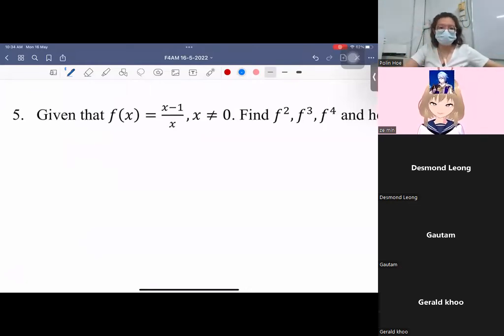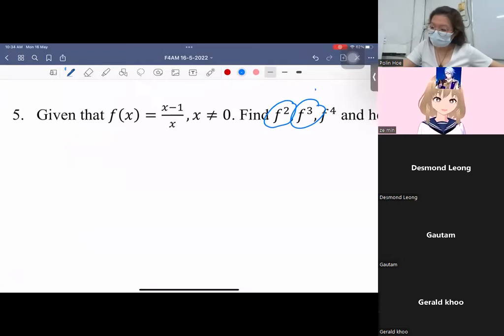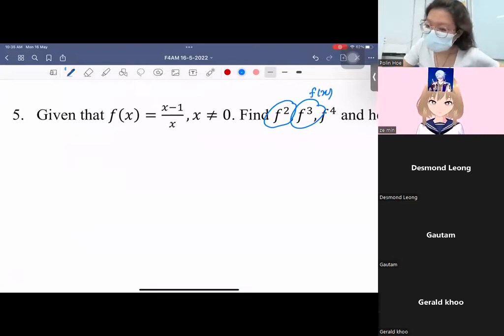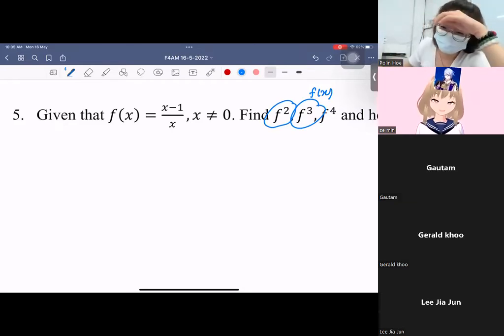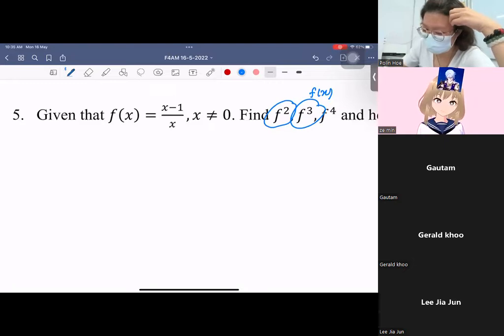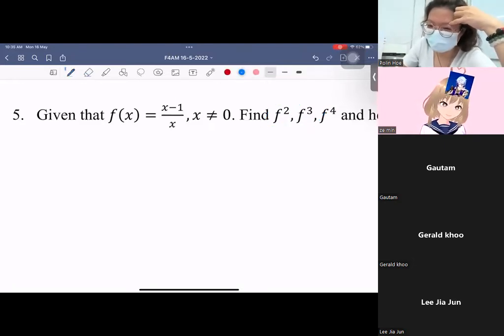If you cannot make it, then it means you are wrong. Either at this level or at f3 level, it will go back to f(x). It will go back to f(x). Okay?